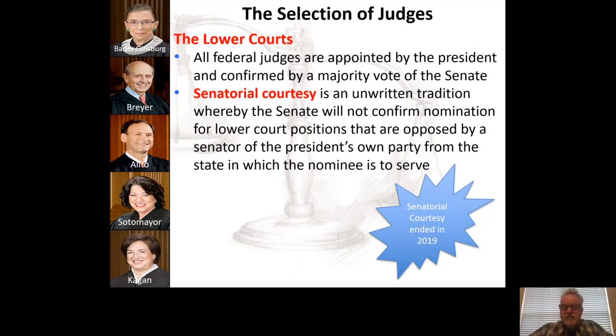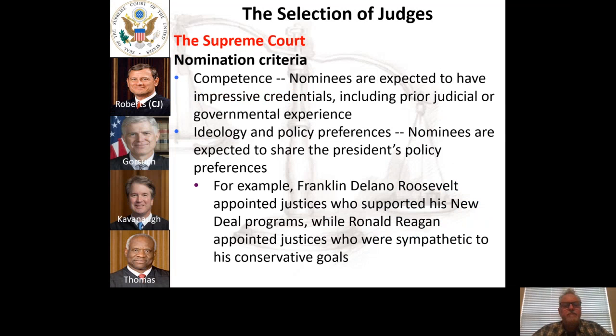And the majority leader of the Senate, Mitch McConnell, put the nominations on the floor anyway. And as a result, senatorial courtesy in the last 2 years has not been practiced.